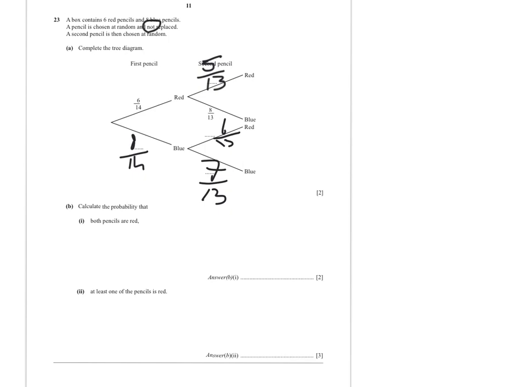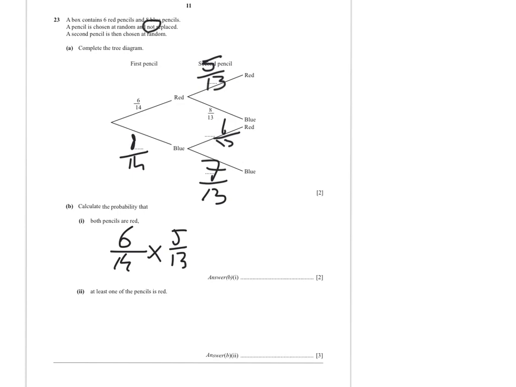Fantastic. Calculate the probability that both pens are red. So we can use that tree diagram now to get red and then again a red one. So that will be for 2 points. I want to show some workings. 6 over 14 times 5 over 13.